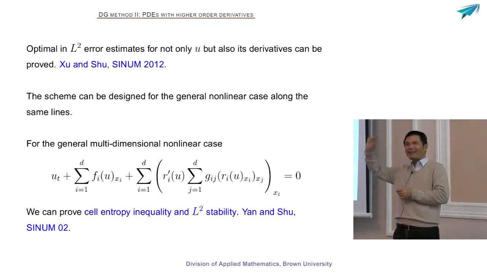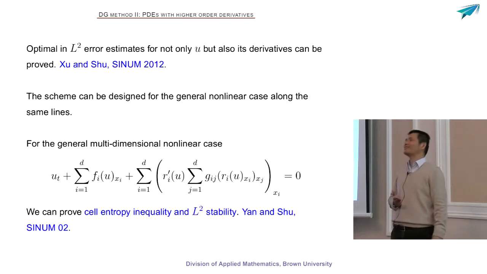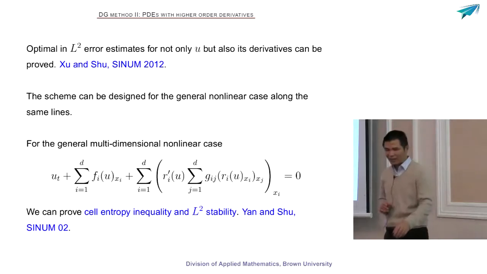There, the later time L2 norm of the solution and of the derivative is controlled by the initial condition of the solution alone. But you cannot hope for such things for the dispersive wave equation. The L2 norm of the solution can only be controlled by the L2 norm of the initial condition, the derivative has to be controlled by the derivative of the initial condition, and so on. So there are a lot of complications.